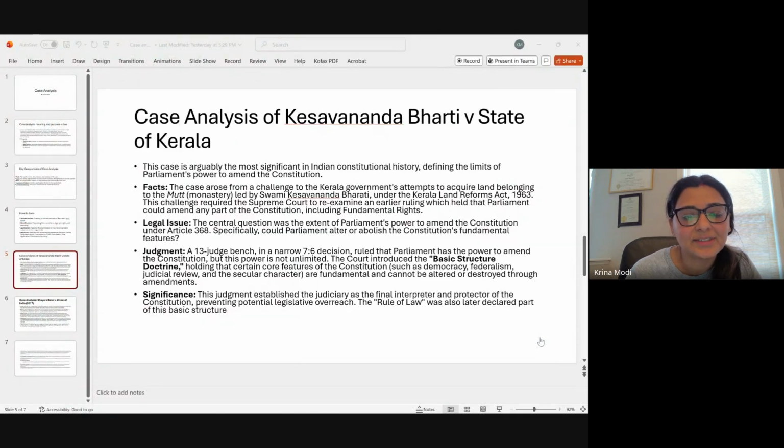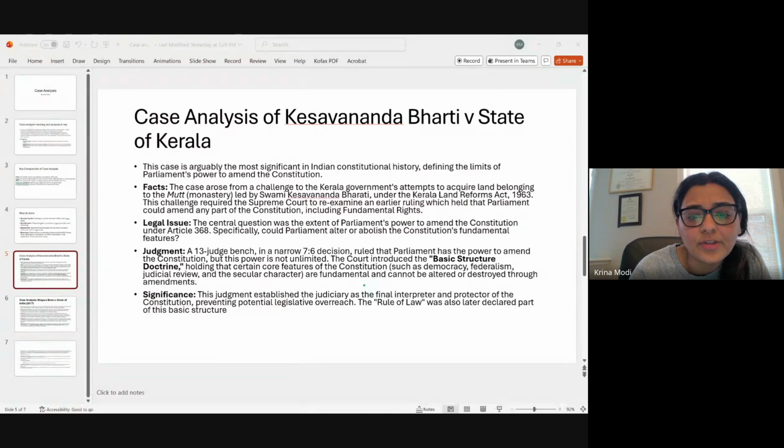So this case came up as the most important case in the Indian Constitution, and that's why I thought let's explore this case and analyze it. So the facts of the case were from a challenge to Kerala government's attempts to acquire land belonging to a Montessori land by Swami Kesavananda Bharati under the Kerala Land Reforms Act 1963.